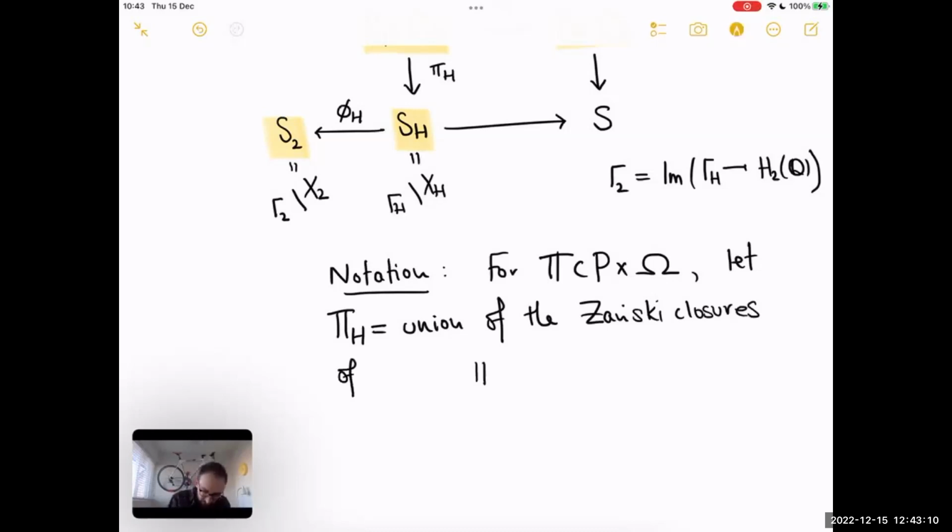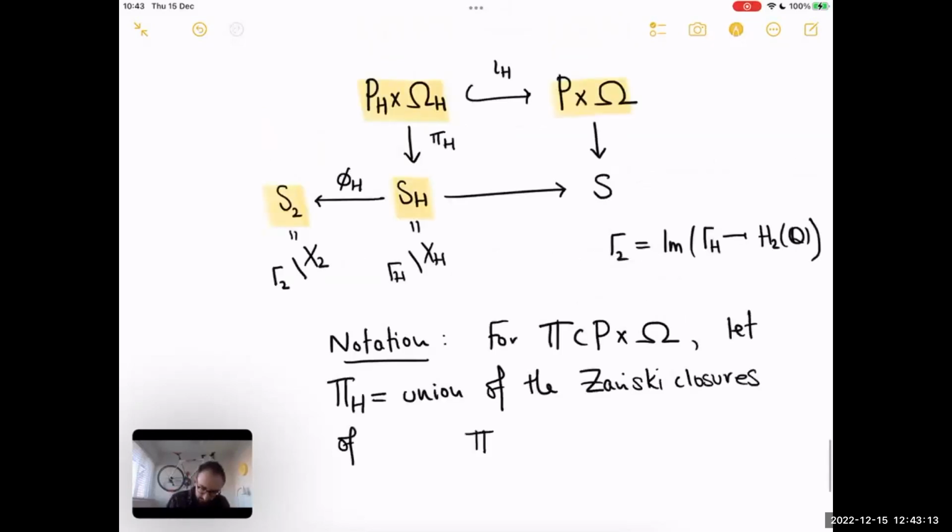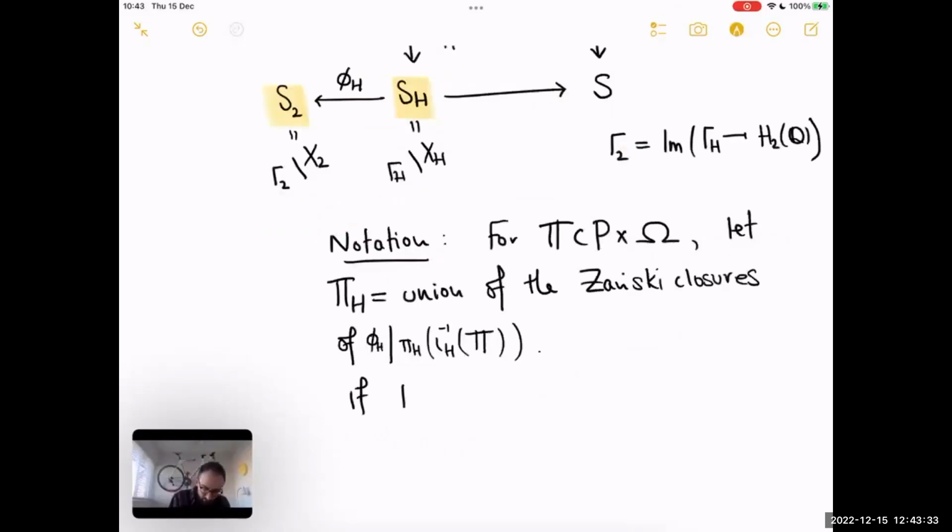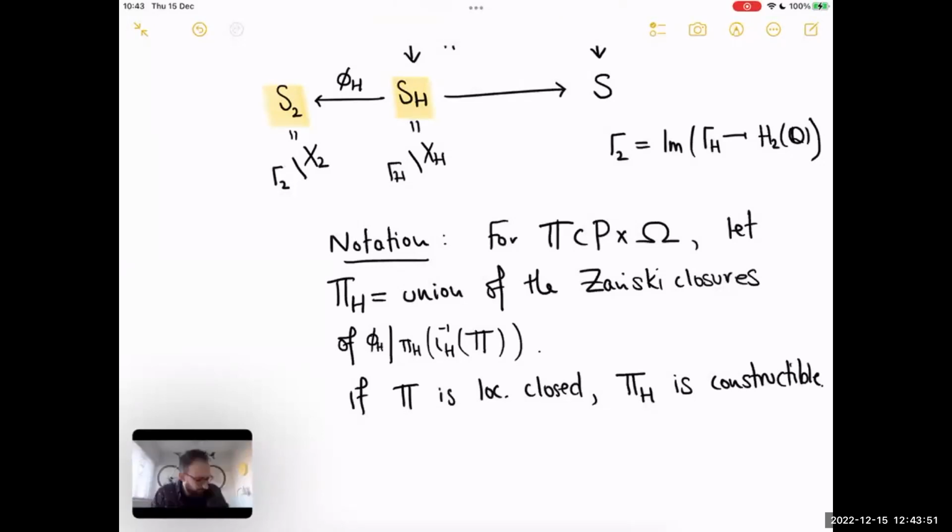So I start with pi, I take its pre-image under iota h, then I send it down by pi h, and then I take phi h restricted to that set. Okay, and the point is that if pi is locally closed, as it shall be, then it's easy to see that pi h is a constructible set.